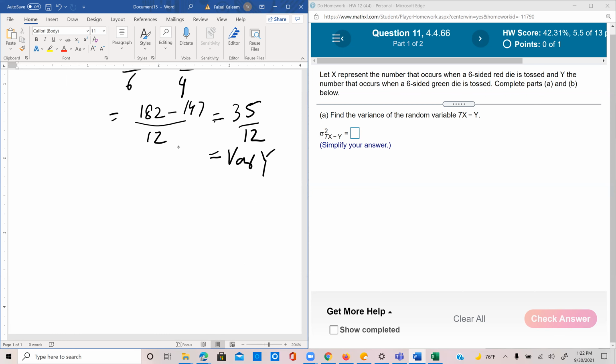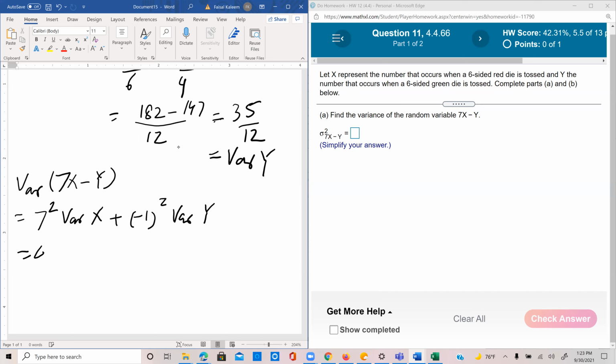So variance of 7X minus Y would be 7 square variance of X plus (-1) square variance of Y. So 7 square is 49, and variance of X is 35 by 12. And 1 times 35 by 12.